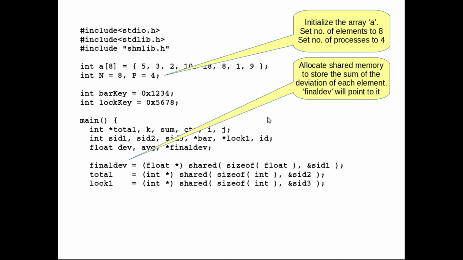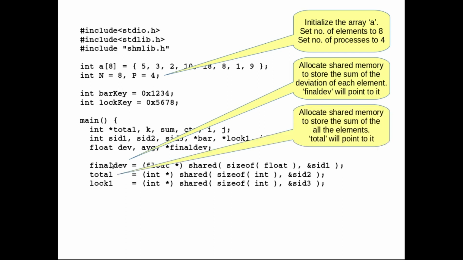Then we allocate a shared variable that is pointed by final deviation, and this shared variable will store the total deviation, the sum of all the deviations, that will be stored in this shared variable pointed by final dev.